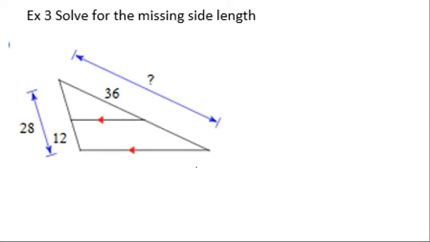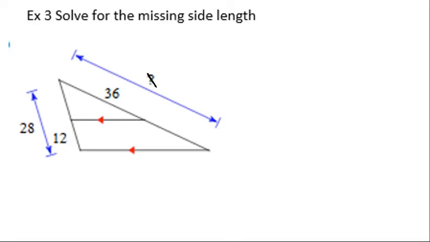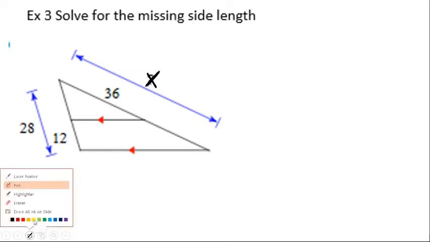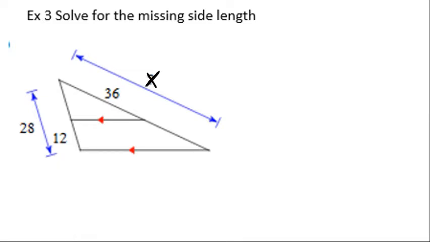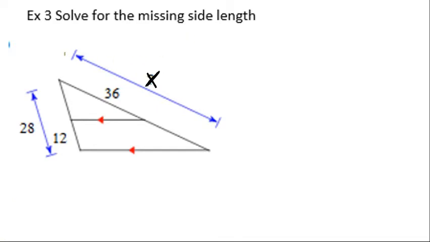Okay, example 3. So the part we're missing here is the whole part. So I'm going to call this part here X. Okay, so let's set up which parts go together or correspond to each other. So I know the two whole parts. So I know this segment and this segment go together.